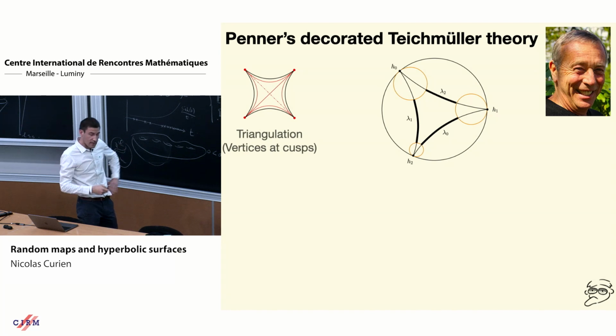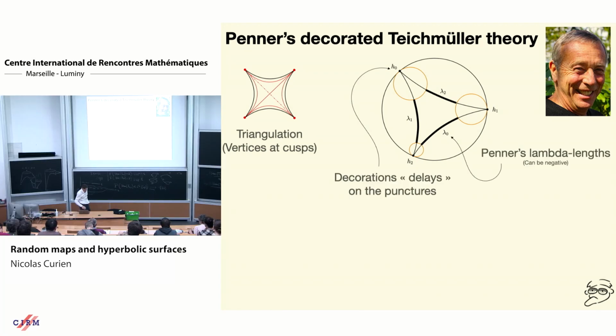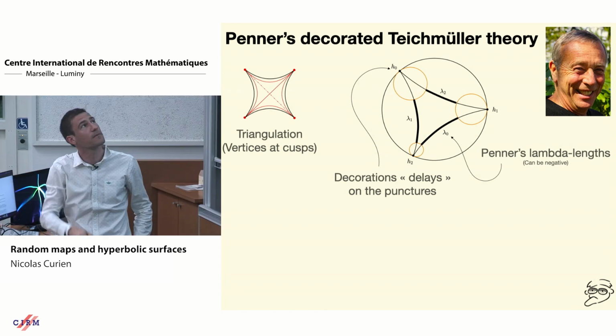And there is this bijection between these 3 numbers, h0, h1, h2, and these 3 lengths, which are Penner's lambda lengths. So think of the interior here as triangles where you cut a little bit of the cusps of these ideal triangles.